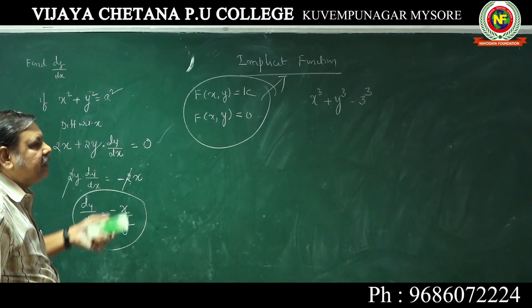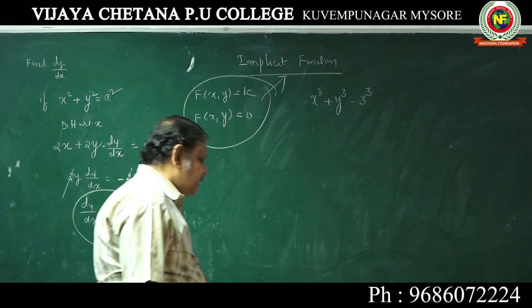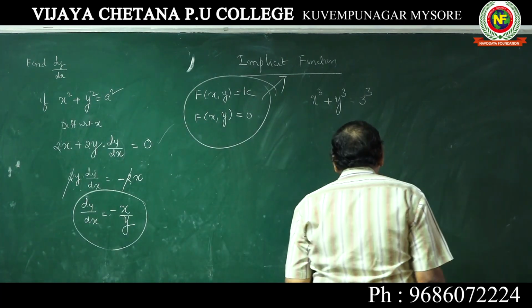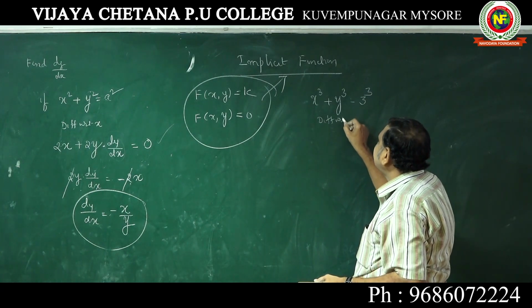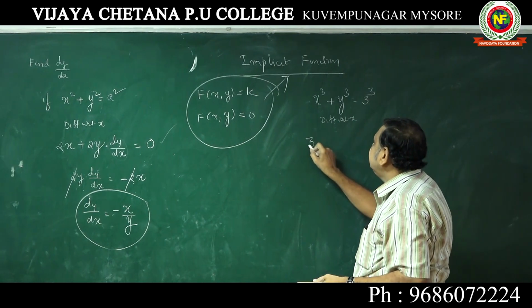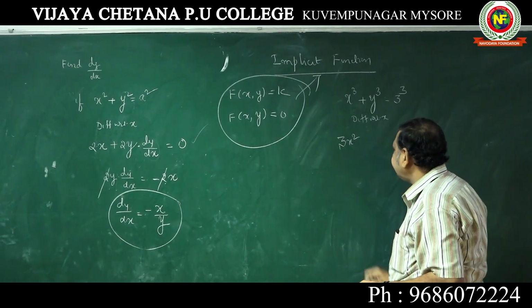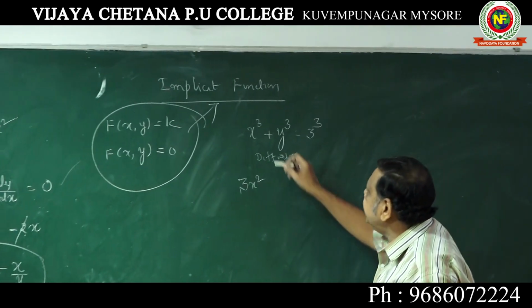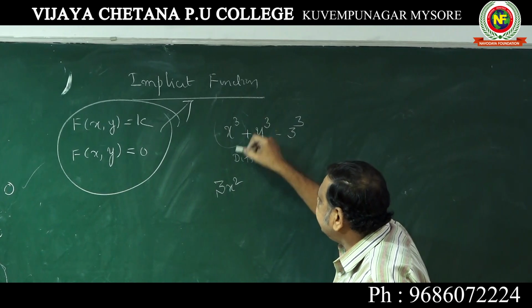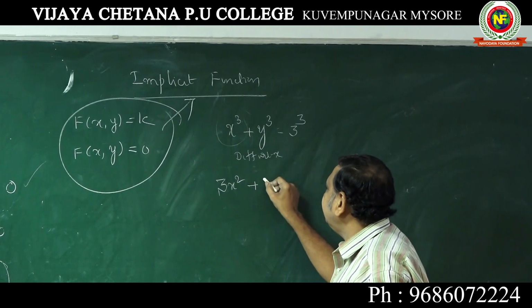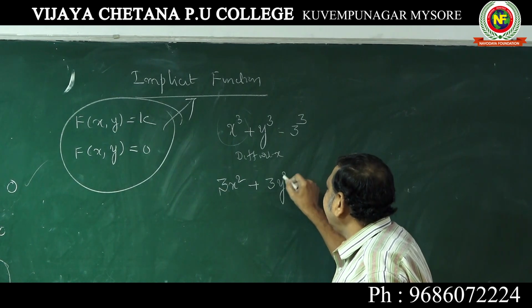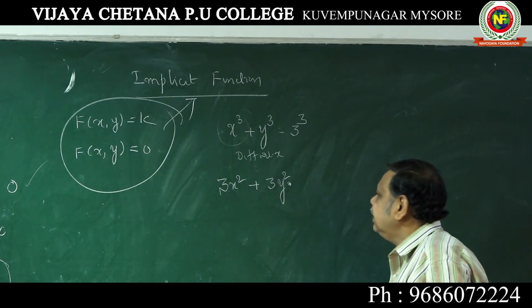This is also an implicit function because x, y and a constant are there. So differentiate with respect to x. When you differentiate x cube, you know x to the power of n gives n x to the power of n minus 1, so 3x square, plus differentiating the y variable also gives 3y square, and what should you write here?